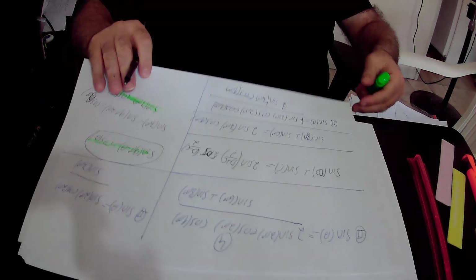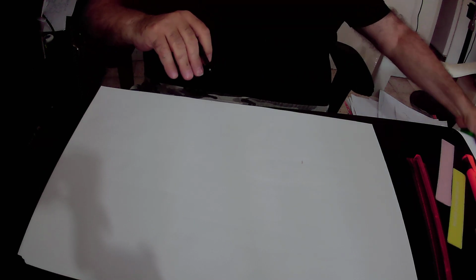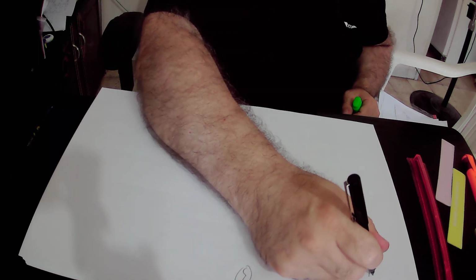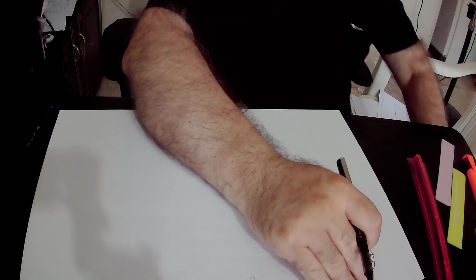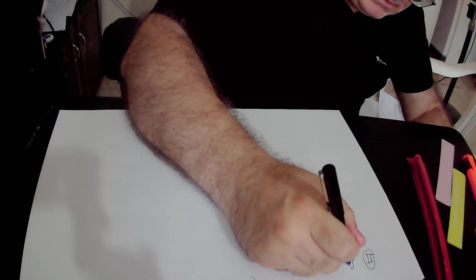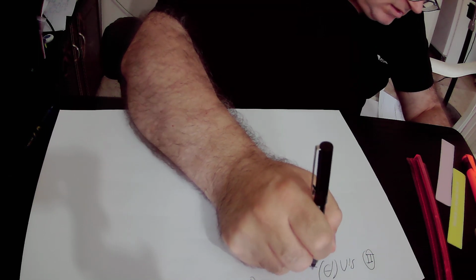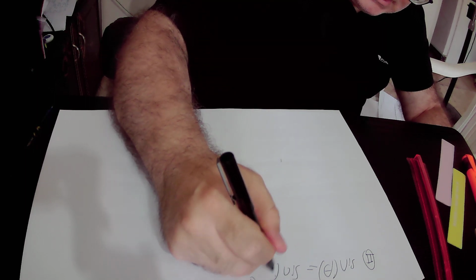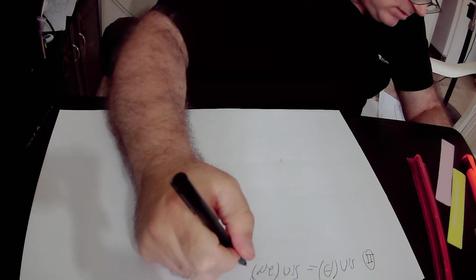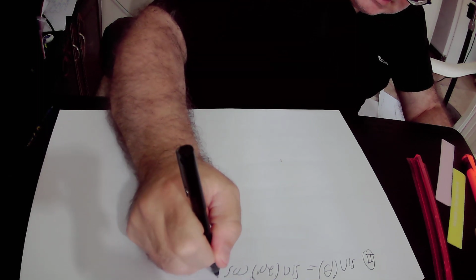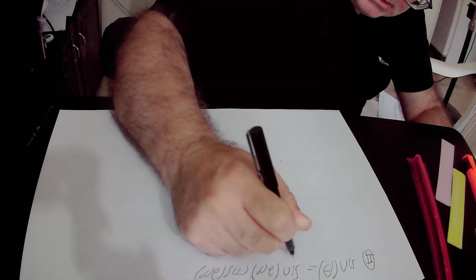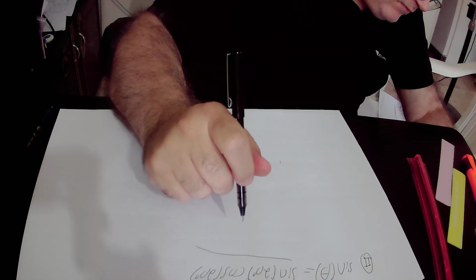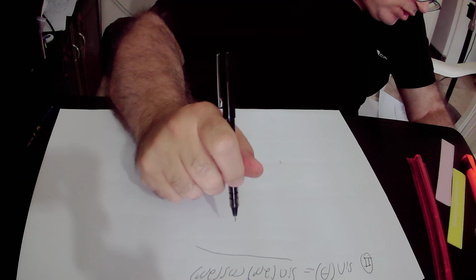We'll do it now and we'll get that, according to equation number 2, sine theta equals sine 20 degrees times cosine 20 degrees over sine 70 degrees, and we just found out that sine 70 degrees equals cosine 20 degrees.